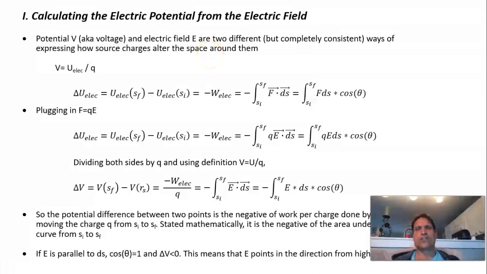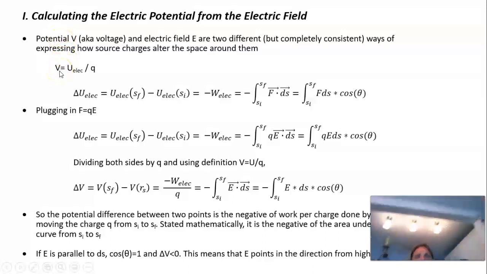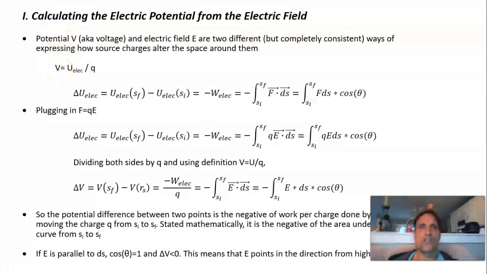And so we said that source charges create an electric field, which is a force per charge that's exerted on the charges. And we also said that these charges create an electric potential or a voltage, which is related to the potential energy per charge. And so what we're going to talk about here is how we can get one of the two, either electric field or voltage, if we know the other. In other words, how are they related?